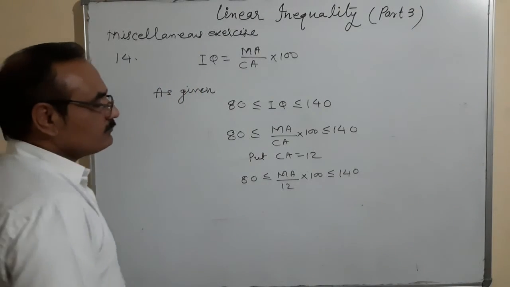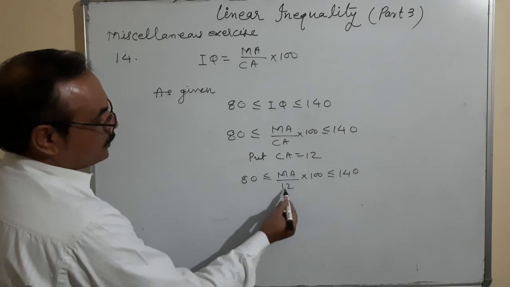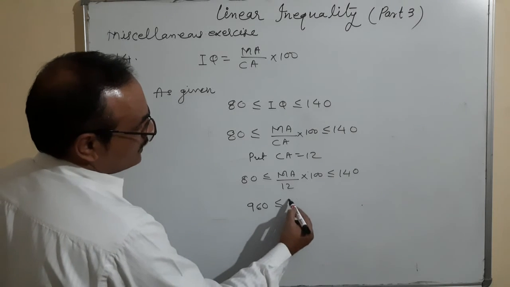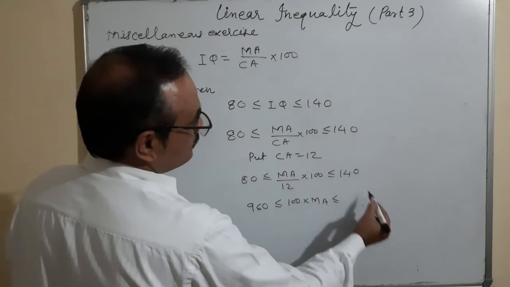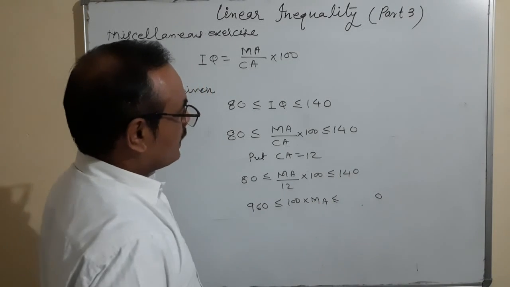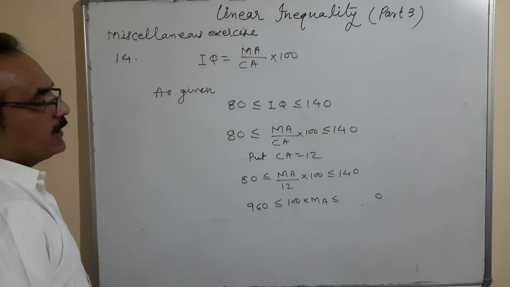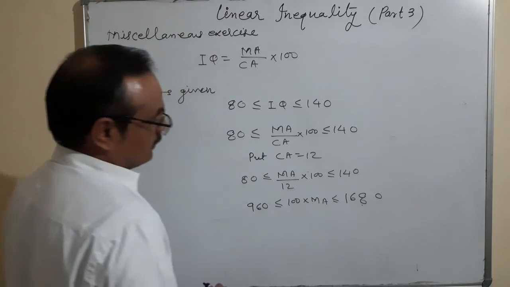Okay. So this 12 will be multiplied here. 12 times 8 is 96, 0, less or equal to 100 into MA less or equal to 12 multiplied by 140, that is 1680. Okay.